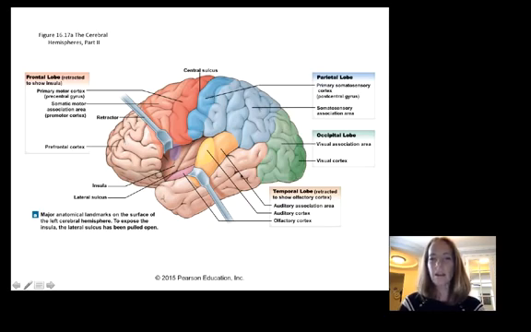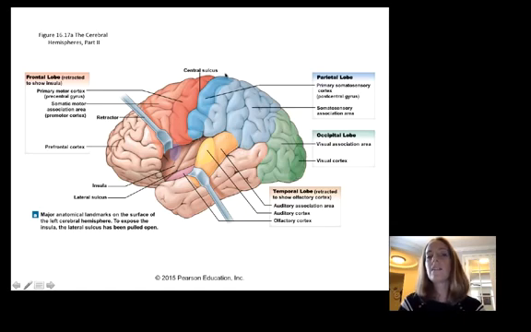You may be wondering, how do we know what these areas do? So the way that this is actually done is that various different recordings can be done of the cells in these regions, particularly from human epilepsy patients or patients that have tumors.